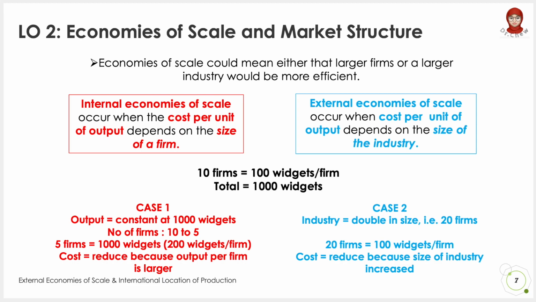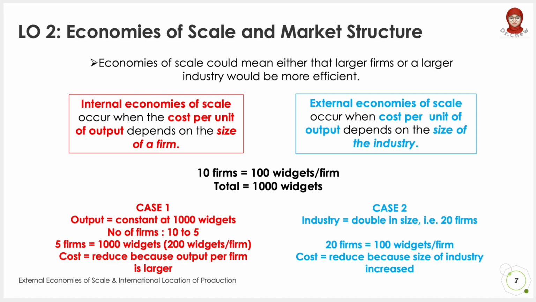Second, suppose the industry were to double in size so that it now consists of 20 firms, each one still producing 100 widgets. It is possible that the cost of each firm will fall as a result of the increased size of the industry.